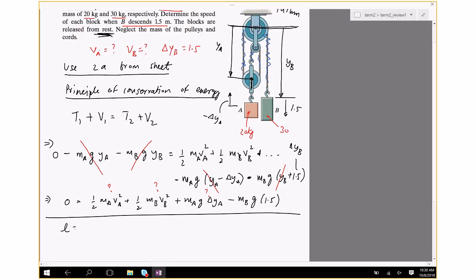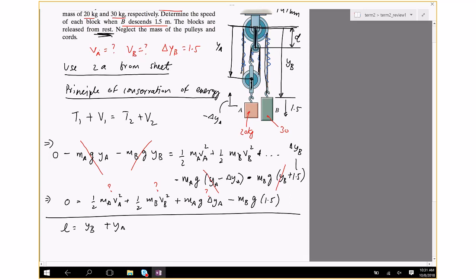So the length is, well, y_B for the rightmost length, and then there is y_A for the leftmost length, and then there is this part and this part, but that is connected. Well, let me write this as D. That's the length of this link.